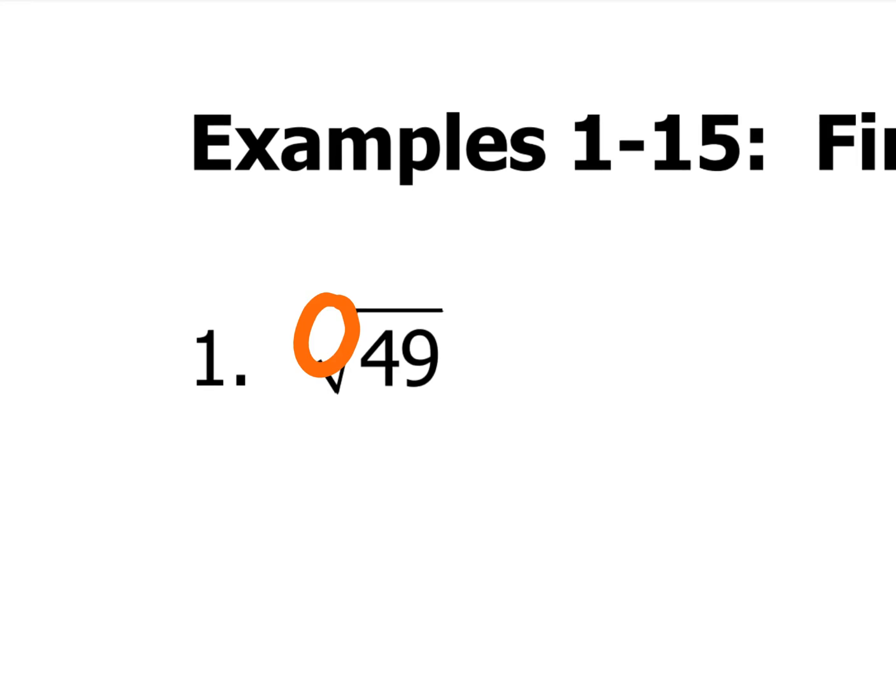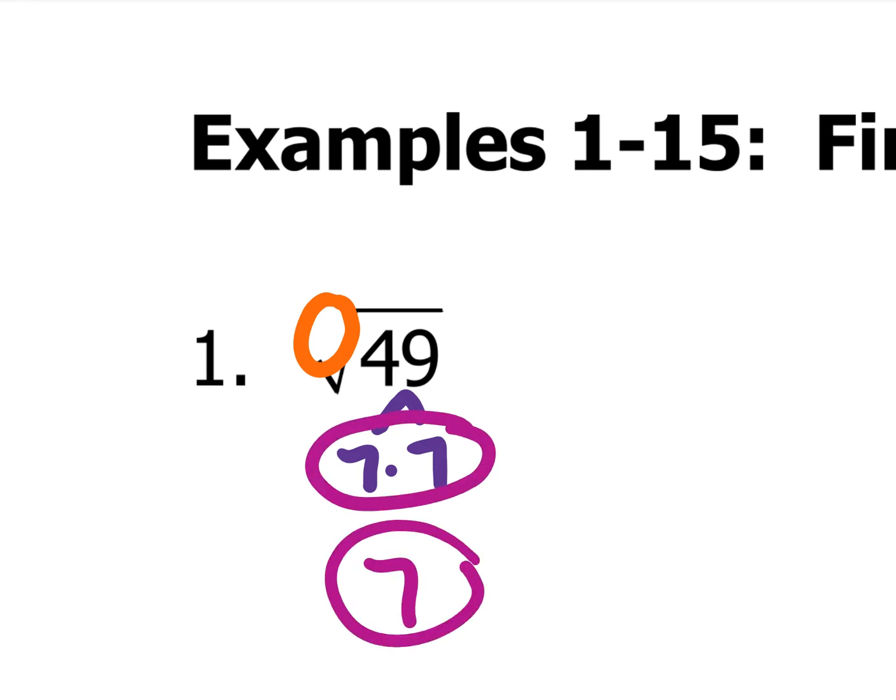When I think of 49, I think of 7 times 7. When you're looking for pairs, you're looking for two numbers that are the same. If you get that, these two numbers are allowed to come outside the radical. You guys know that the square root of 49 is 7, but that's how it works, because on some of these numbers, it's not going to work out as nicely.